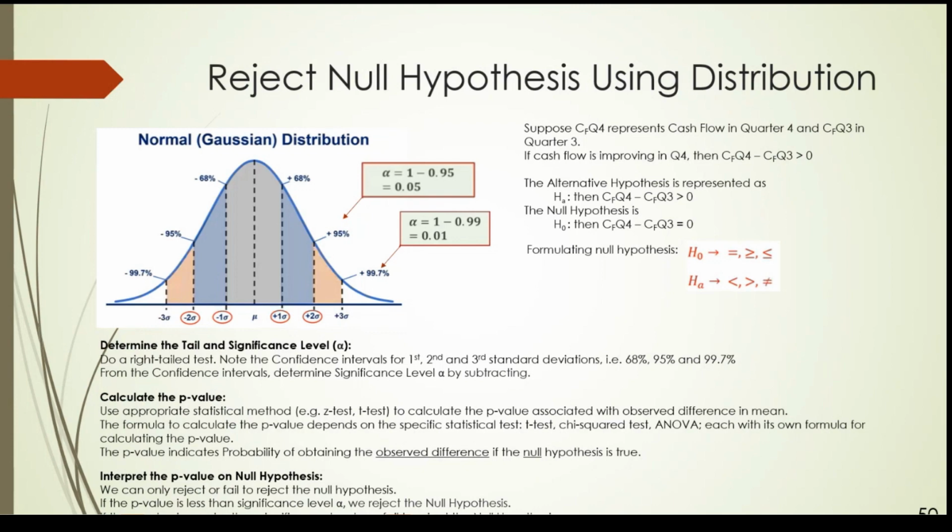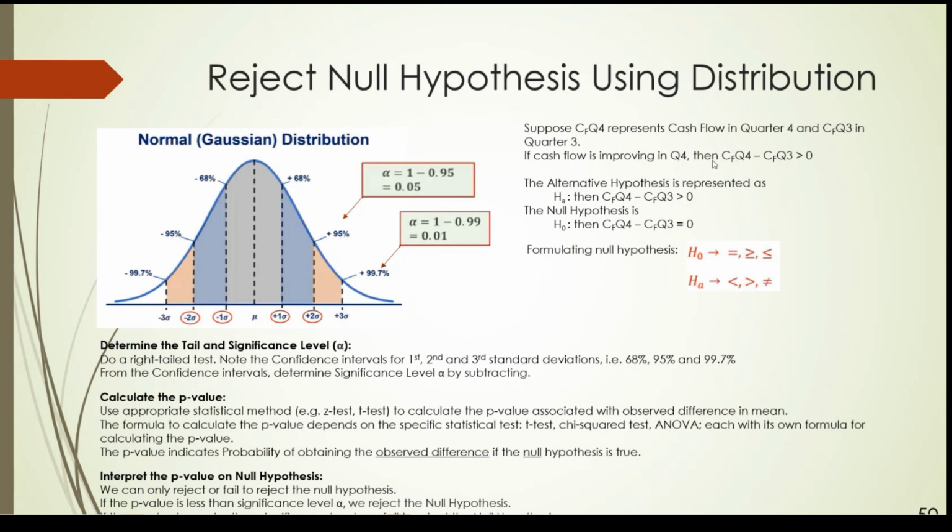So if we make money in quarter 4, that means CF Q4 minus CF Q3 must be more than 0. That means there's a difference between quarter 4 and quarter 3. We're making more money, right? So that means the cash flow is improving. The business is making more and more money every quarter. So this is the hypothesis: the business is making money.